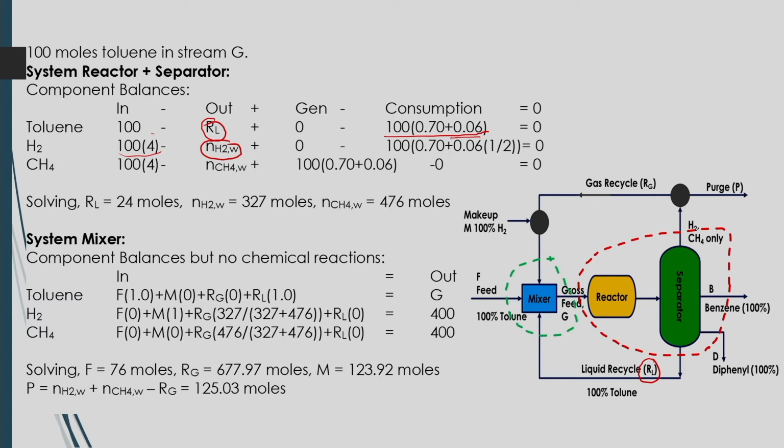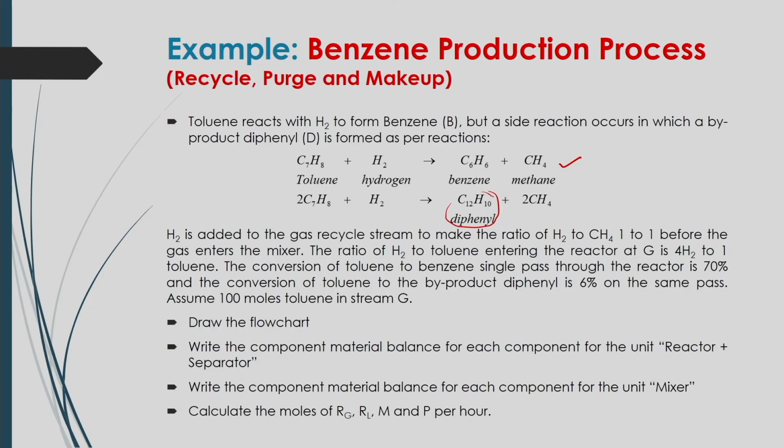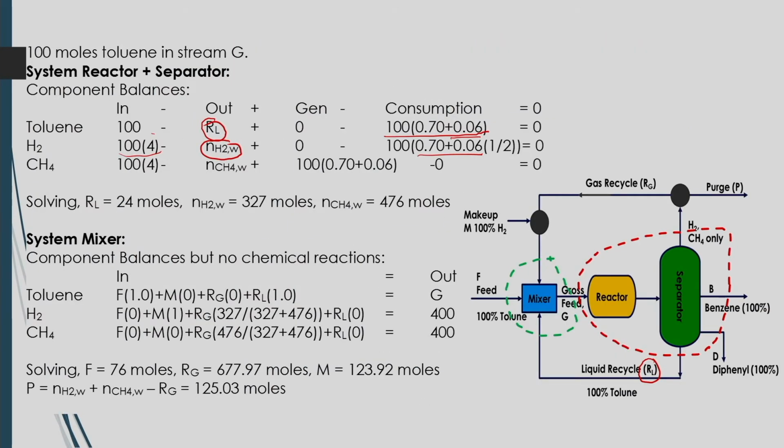So, hydrogen consumption will be equal to 100 into 0.70 plus 100 into 0.06 into 1 by 2. Why that 0.06 into 1 by 2? Because 1 mole of toluene requires half a mole of hydrogen in the second reaction, the production of the byproduct.